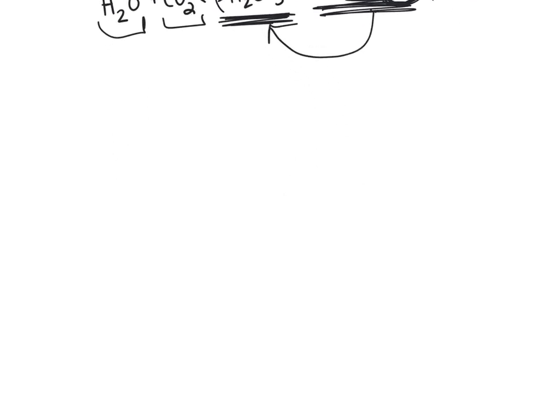So let's take a closer look at some of these catabolic reactions and anabolic reactions. If we talk first about our catabolic reactions, again, catabolic reactions are when we break down complex molecules.